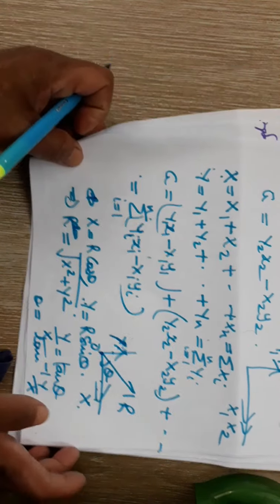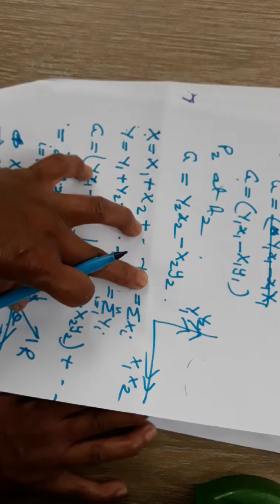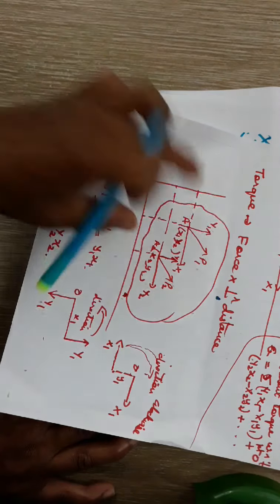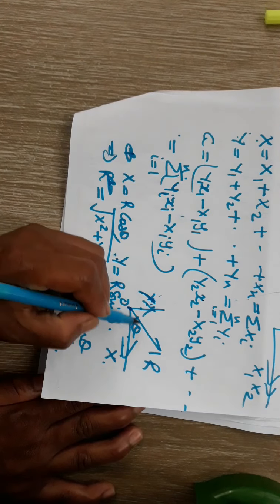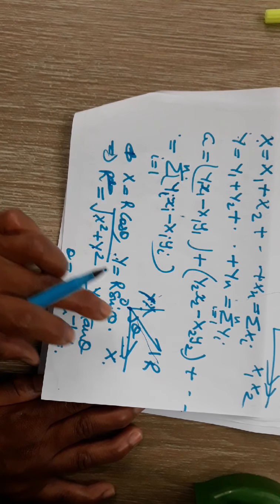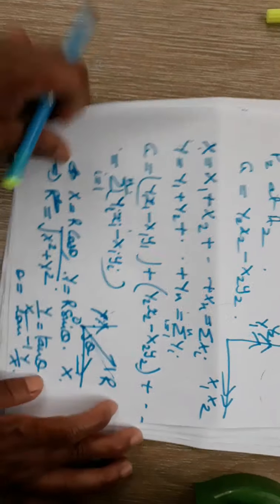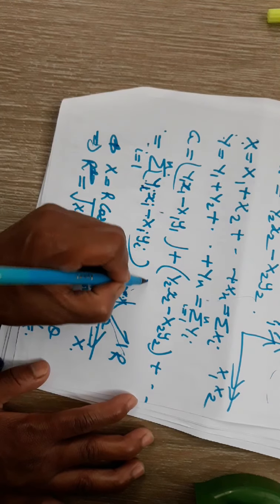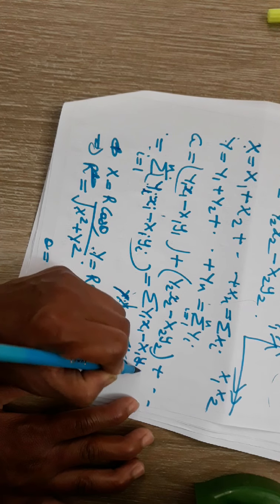Thus this given system of coplanar forces acting on a rigid body is equivalent to a single resultant R. All this system of forces P1 at A1, P2 and so on is equivalent to a single resultant R, equal to the square root of x squared plus y squared, acting at O, which makes an angle theta with the x-axis, together with a couple of moment G equal to the summation of yi xi minus xi yi, which is the same as the summation of y1 x1 minus x1 y1.